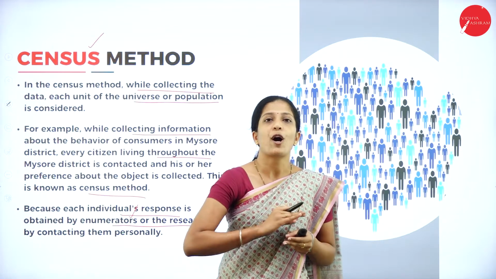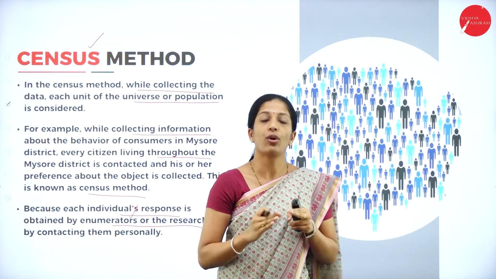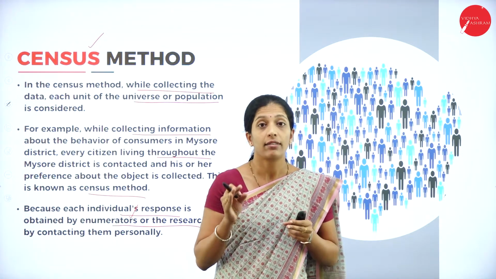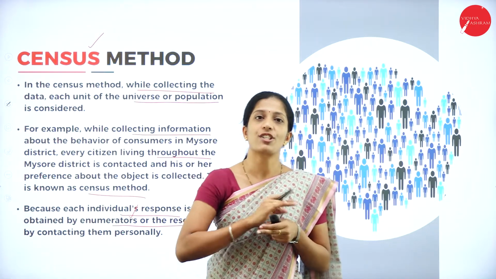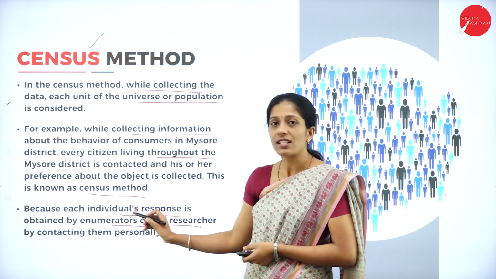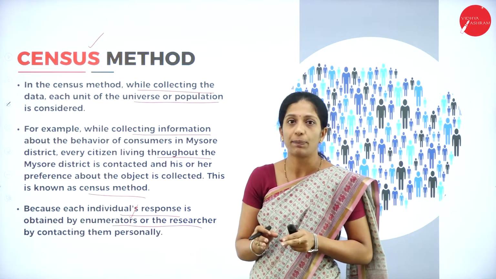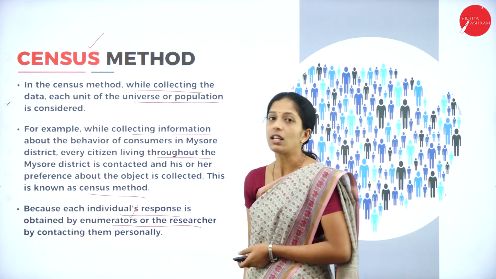Now, since the population is very huge, can the researcher alone collect the information, because the time duration may be short? In that situation, he himself cannot collect the information from the whole population. Then what happens? He will appoint some skilled persons in order to collect the information, who are known as what?